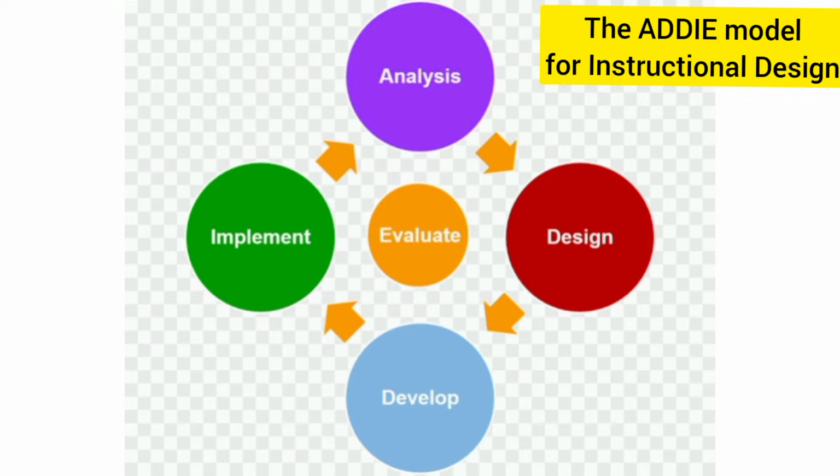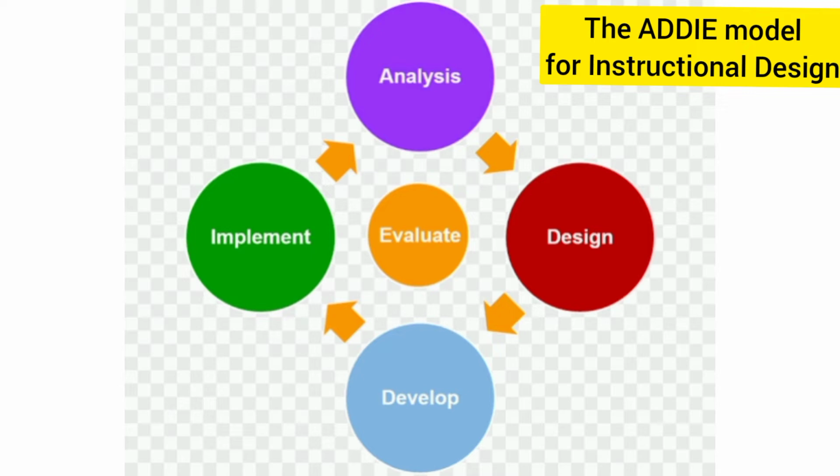As I already said, ADDIE is an acronym for the 5 stages of a development process: analysis, design, development, implementation, and evaluation. The ADDIE model relies on each stage being done in the given order, but with a focus on reflection and iteration. The model gives you a streamlined, focused approach that provides feedback for continuous improvement.